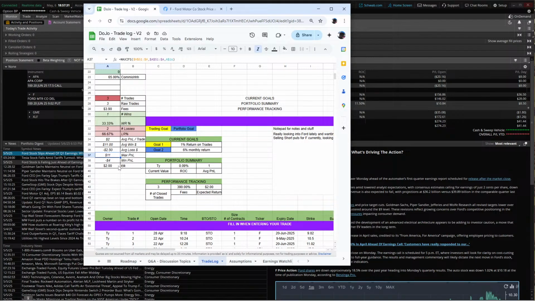It'll change. And then we have our expected return, which is $2. If you don't know what the expected return is, it's going to be your average win size times your average win rate, and then that's added against your average loss times your average loss rate.